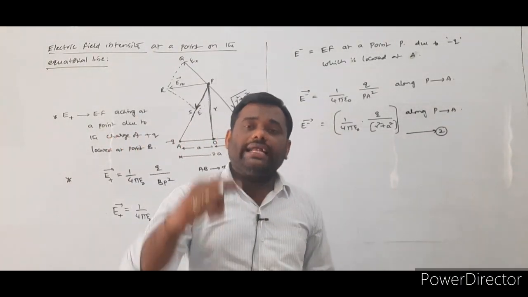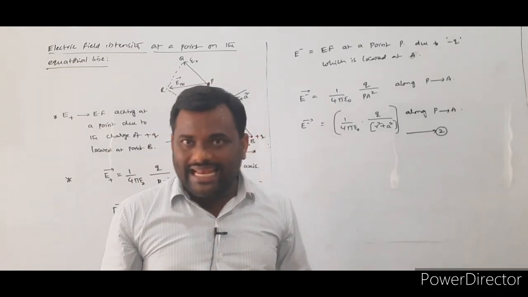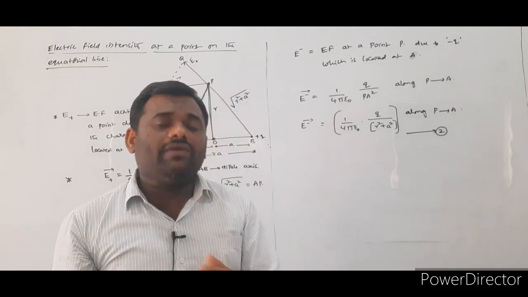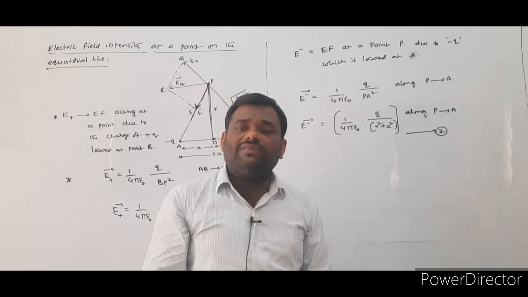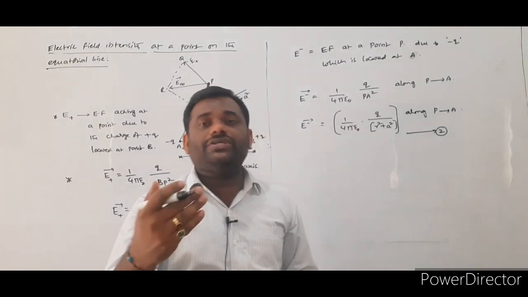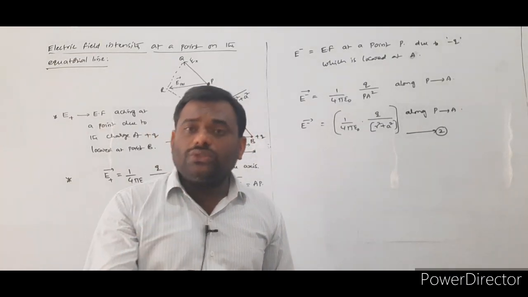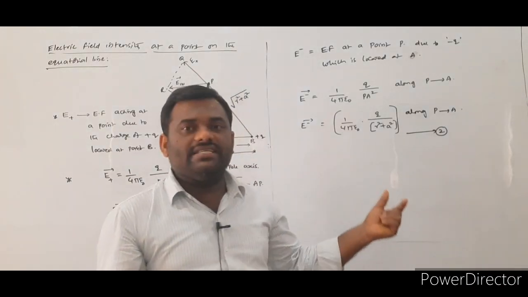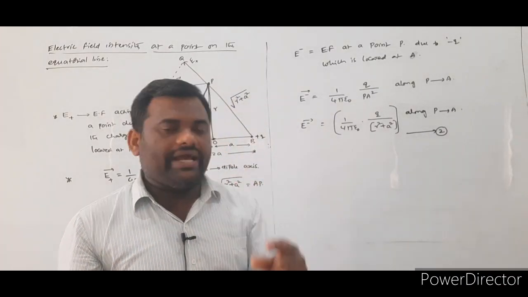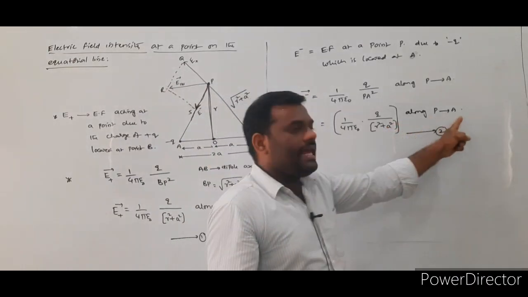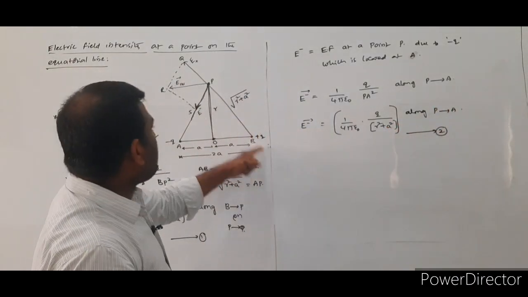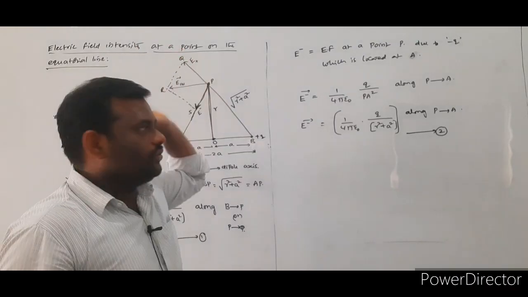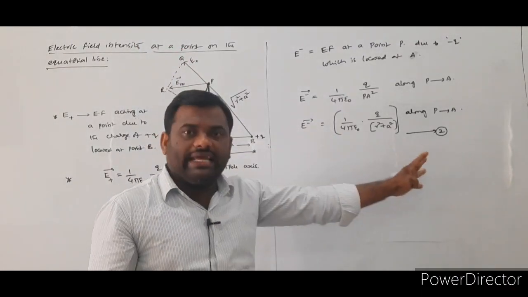That means at any point on the equatorial line, the magnitude of the electric field intensities which are produced by the positive charges and the negative charges will remain the same. Only the difference is in their respective directions, which is acting along P to A and this is acting along B to P or P to Q. Now, we got the two different electric fields.